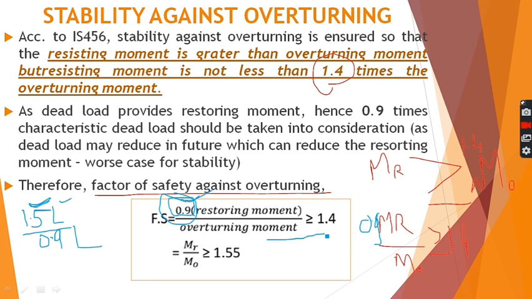So 1.4 divided by 0.9 will lead to 1.55. So the factor of safety against overturning is 1.4 or 1.55. But if you are taking 1.4, then always remember to multiply here by 0.9. Okay, so this is the factor of safety against overturning.